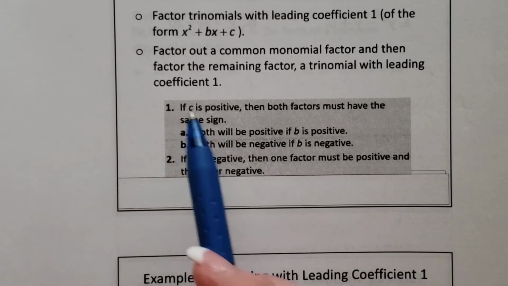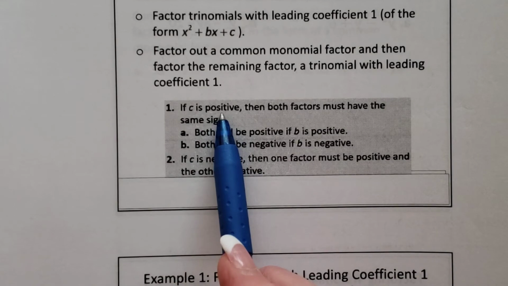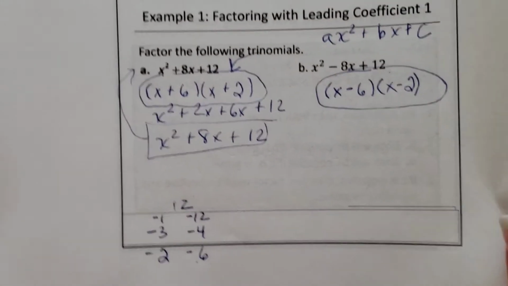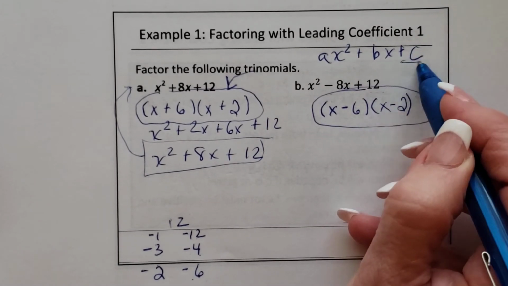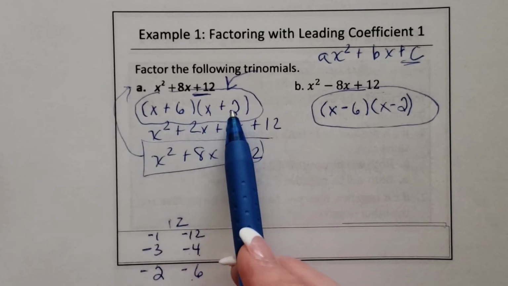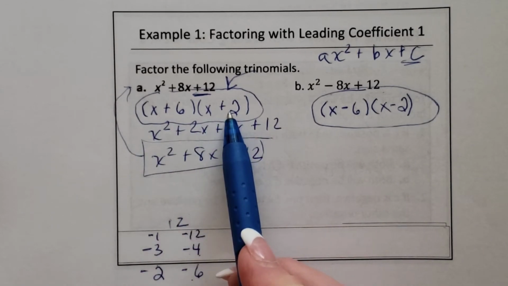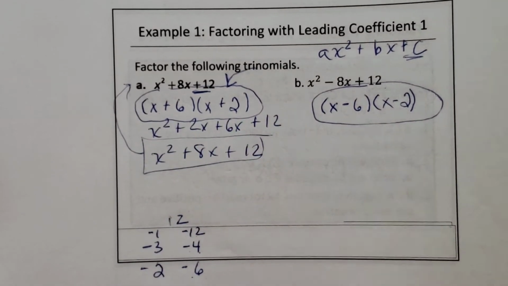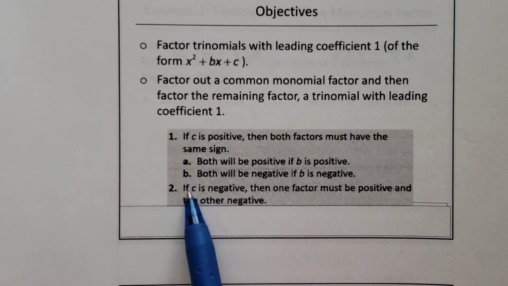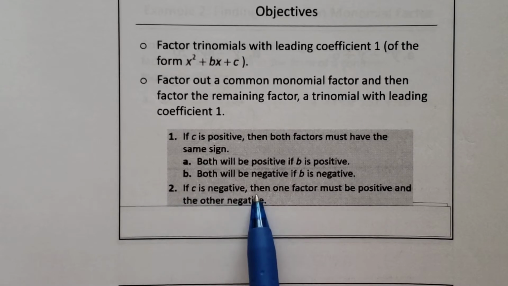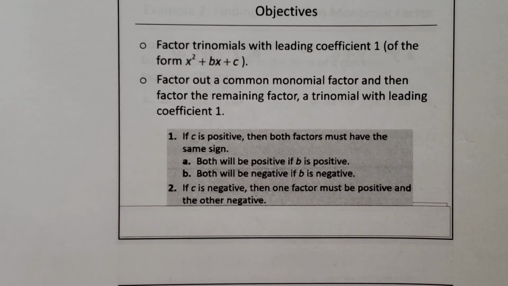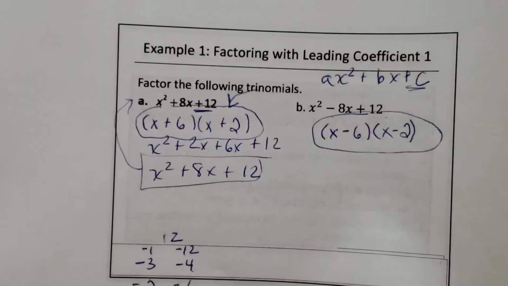This rule says if c is positive, then both factors must have the same sign. Remember, this right here is c. If c is positive, both of these numbers have to have the same sign, and they do. Rule number 2 says if c is negative, then one factor must be positive and the other negative.